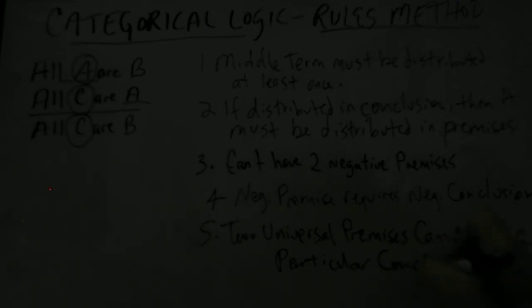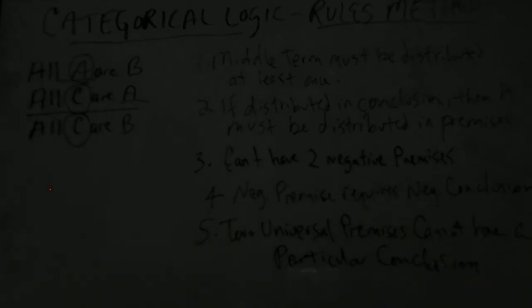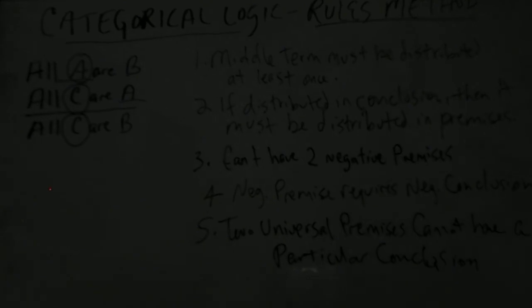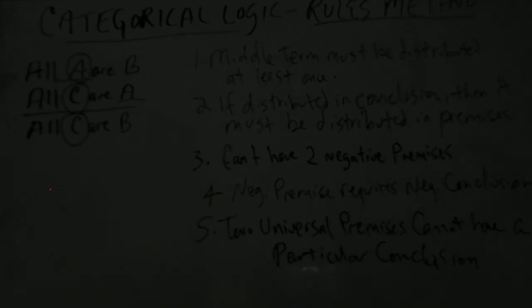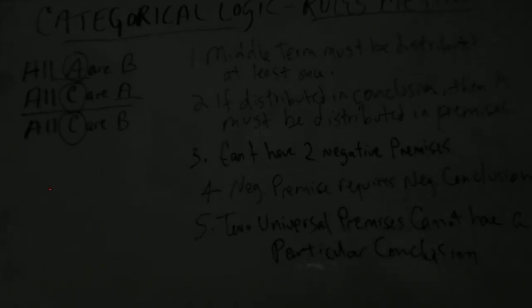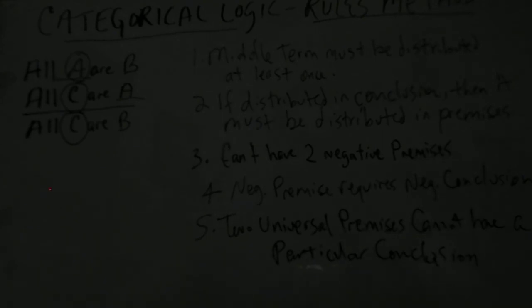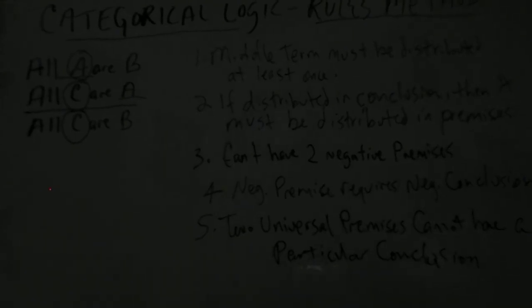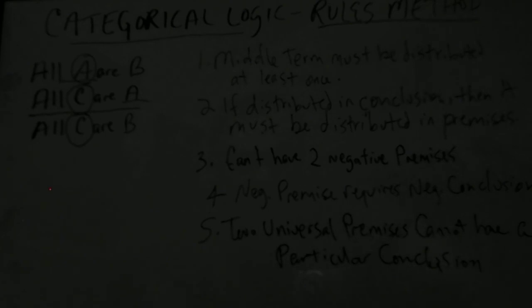So remember again that the A and the E are universal, and the I and the O are particular. So with that being the case, you know what it is that you're looking for on these. You need two universal premises, the A or the E, leading to a particular conclusion, an I or an O, and that will make this an invalid argument.